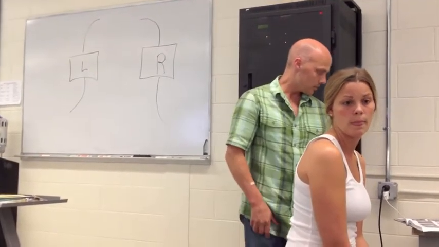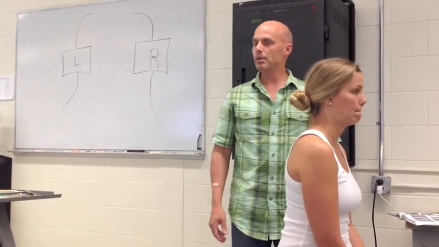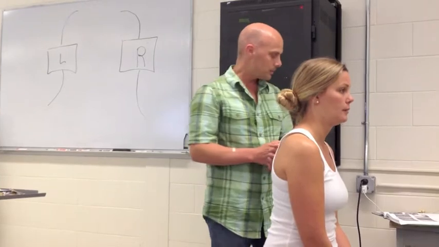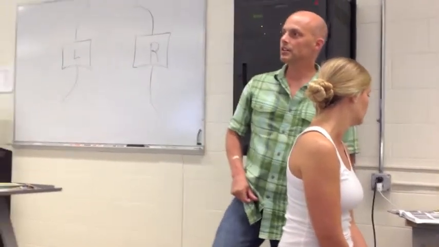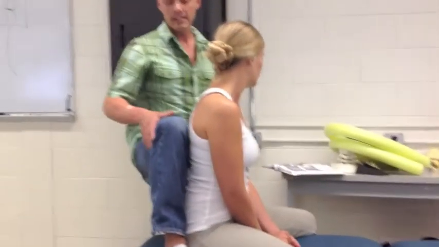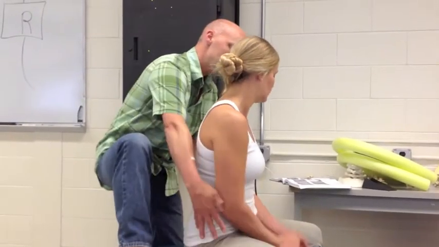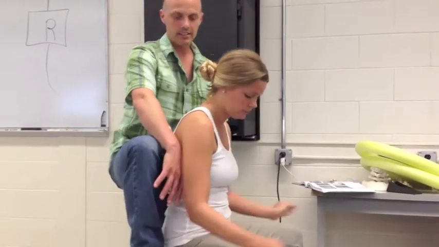Okay, so one of the things that is nice to do when you're treating type 1 is get good contact with your patient. And one way that I could also influence the control of the side bending component is... Keep coming. All right, that's good.